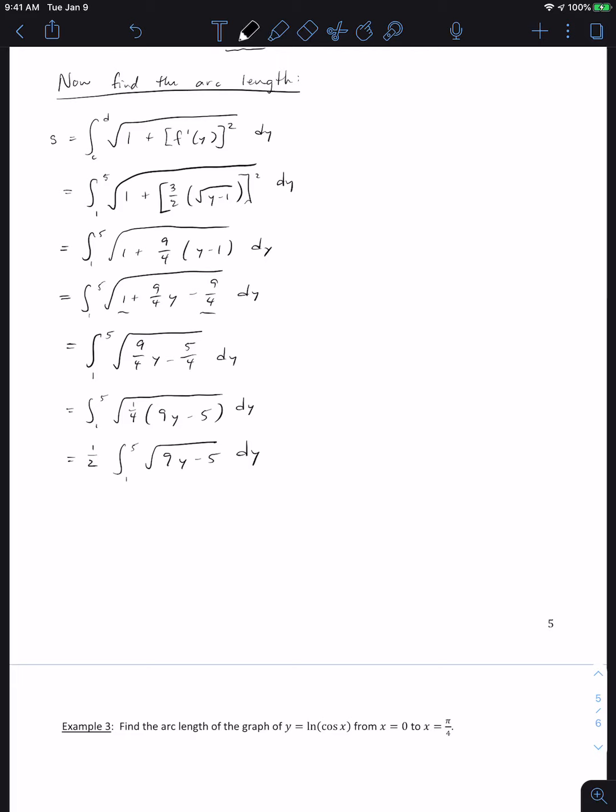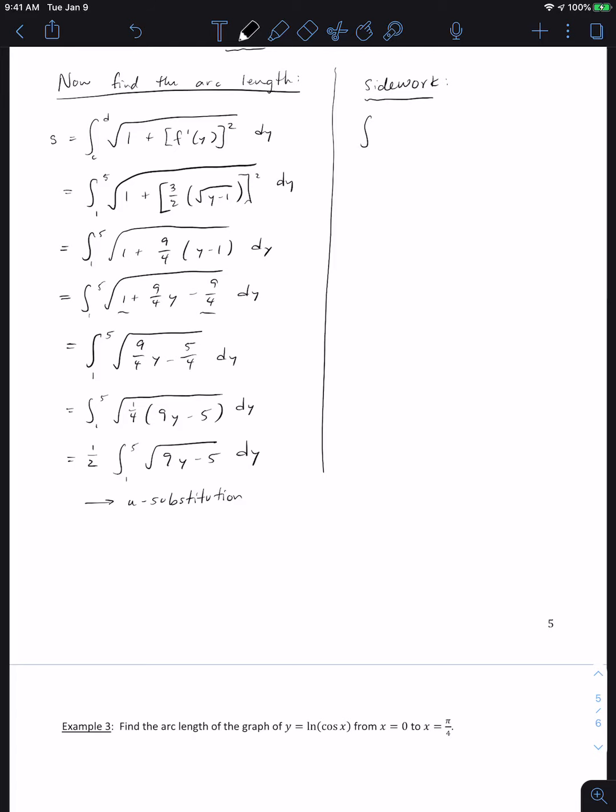Now, to integrate this function, I need u substitution. So what I'm going to do is do that as my side work here. I'm going to evaluate this integral through u substitution to find its antiderivative. Because I can't just take the antiderivative because I've got an inside function.